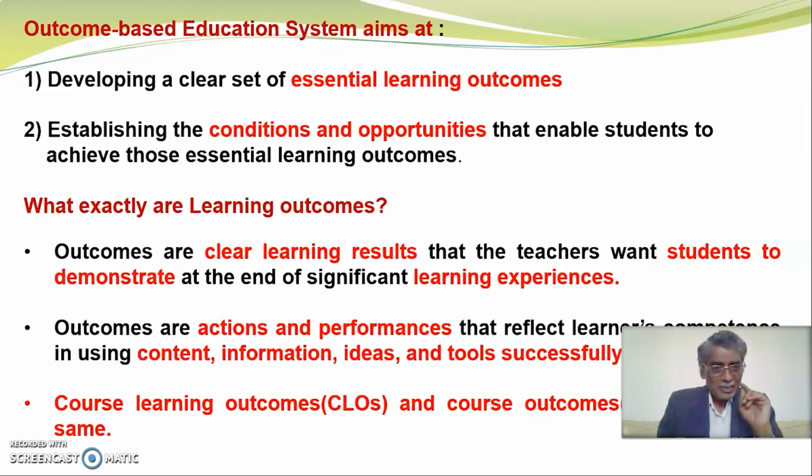Outcomes are clear learning results that as teachers we want students to demonstrate at the end of significant learning experiences. Outcomes are actions and performances that reflect learners' competence in using the content, information, ideas and tools successfully. Course outcomes and course learning outcomes mean the same.